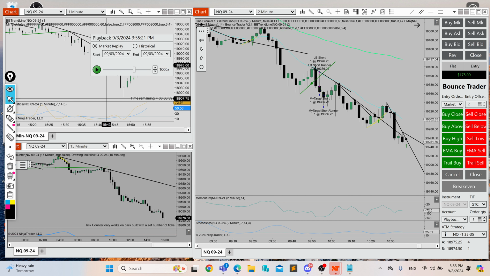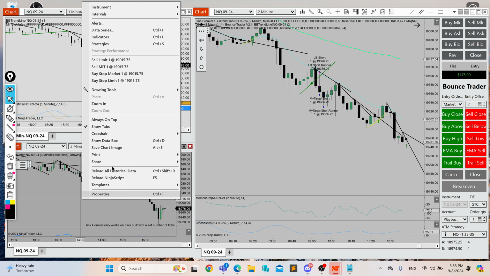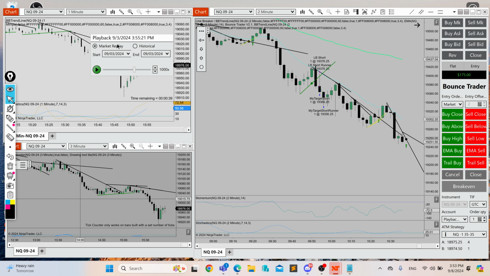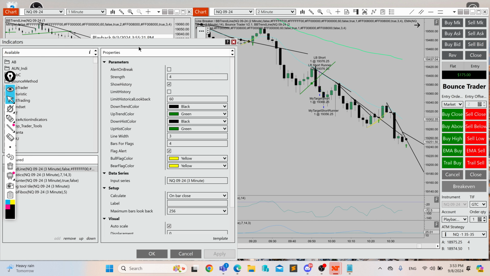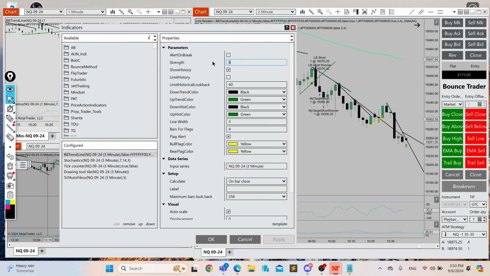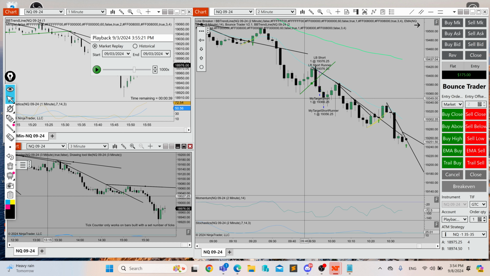So if this would be like 3 minute, then this has to be 8, and what it does, like if we're taking a short here, it means that the higher time frame has to have a black line.